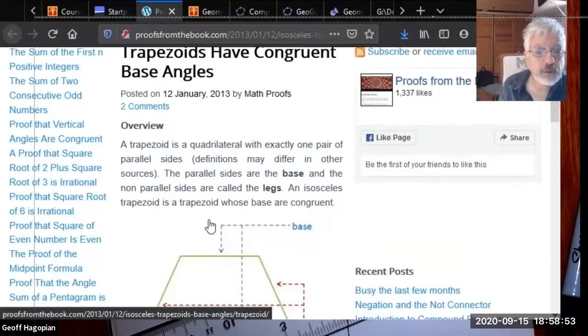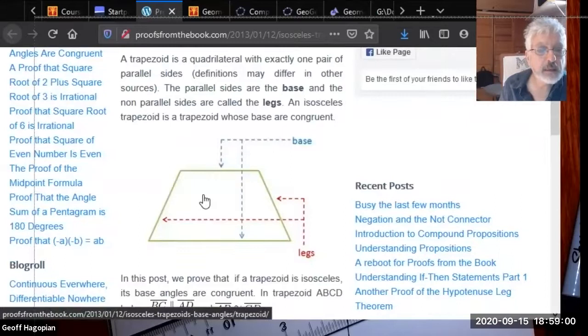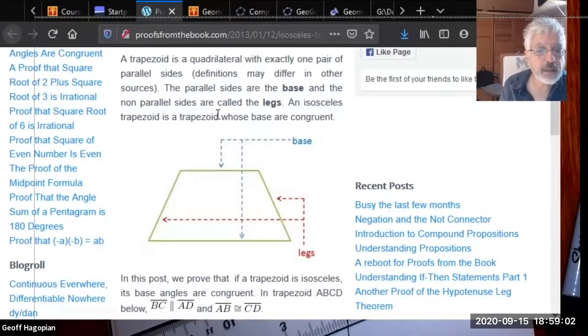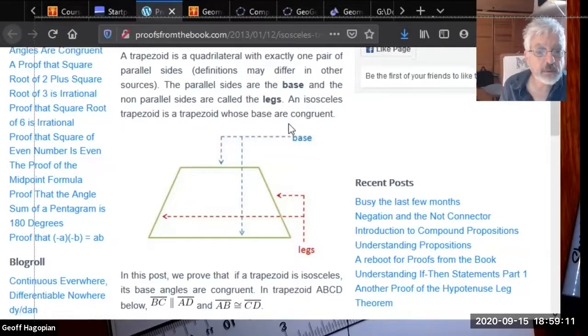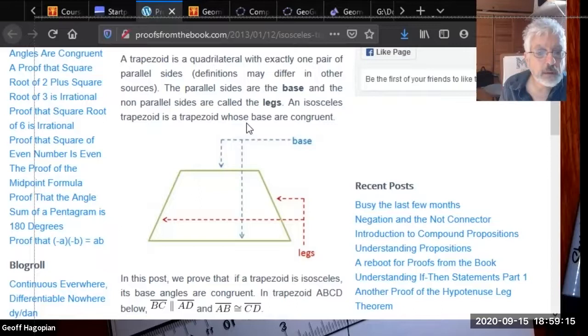So the overview: a trapezoid is a quadrilateral with exactly one pair of parallel sides. Definitions may differ in sources. The parallel sides are the bases, and the non-parallel sides are the legs. An isosceles trapezoid is a trapezoid whose legs are congruent. All right, so it's a typo.